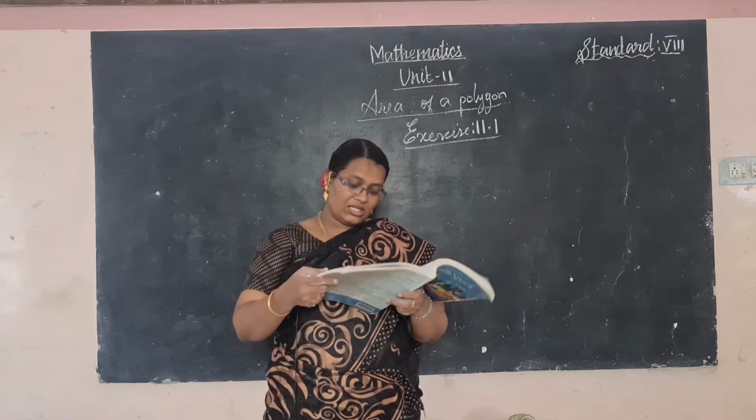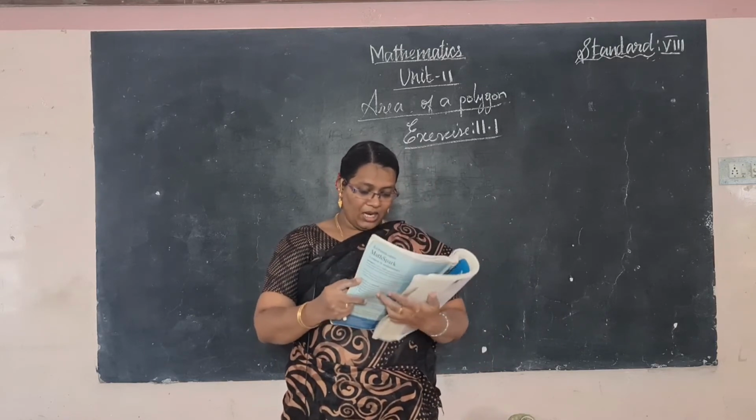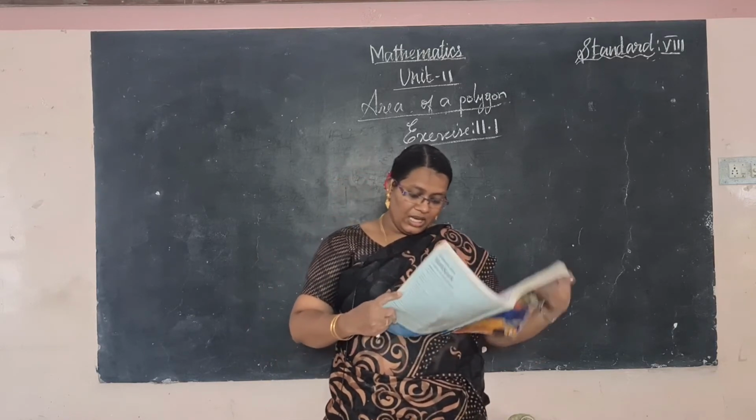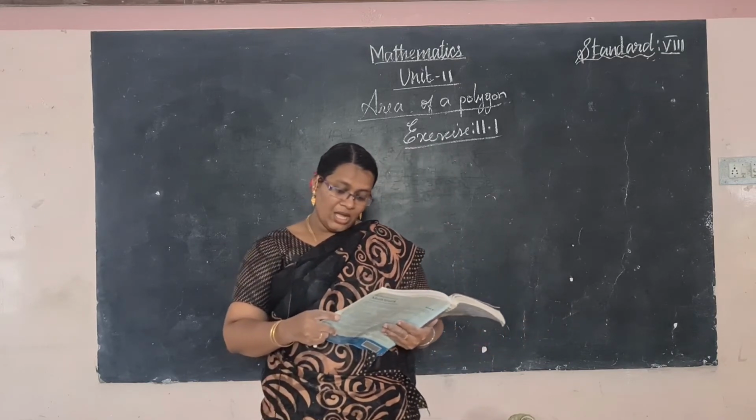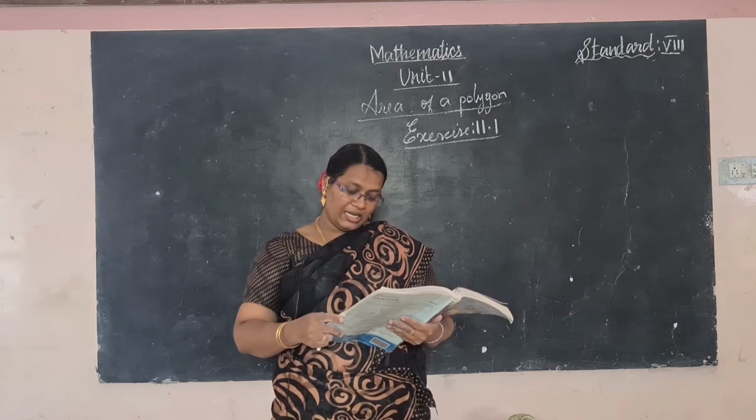Now move to the second problem. The area of the quadrilateral ABCD is 32 centimeters square. Find the length of the perpendicular drawn from the vertex D to the diagonal AC.